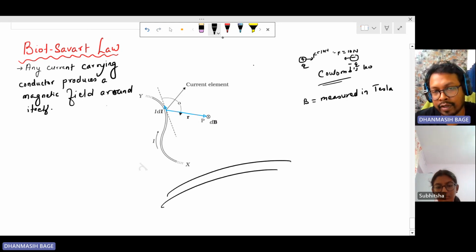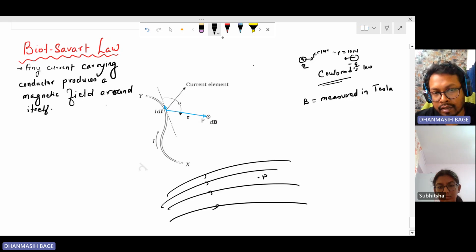If the field lines are given to you, you know that magnetic field lines are like this. You can know that here it is P and here it is Q. If I say where is the field stronger, BQ or BP? BQ is stronger, right? Because field lines are closer. But if I ask you what is the magnetic field at Q, then you don't know, right? Absolute magnetic field, you don't know. So such kind of calculations can be done with the help of Biot-Savart.